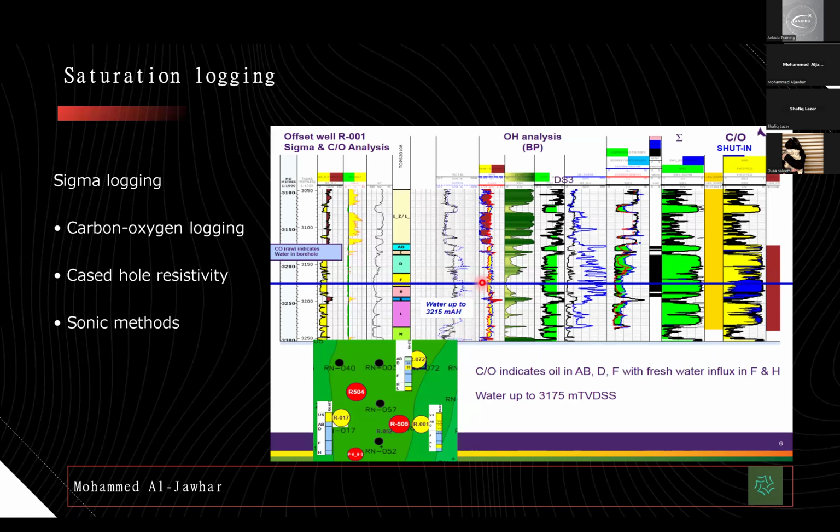So we think about why we need to run a saturation log in this well, not in this well. We have to think about what the strategy is behind choosing one well over another.